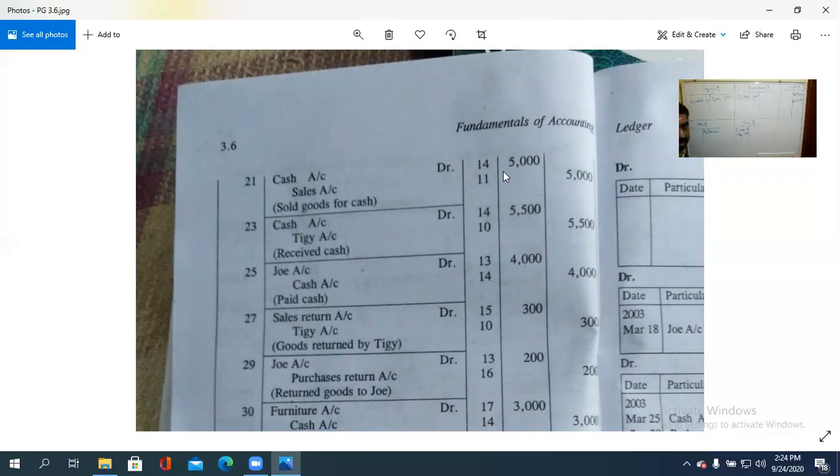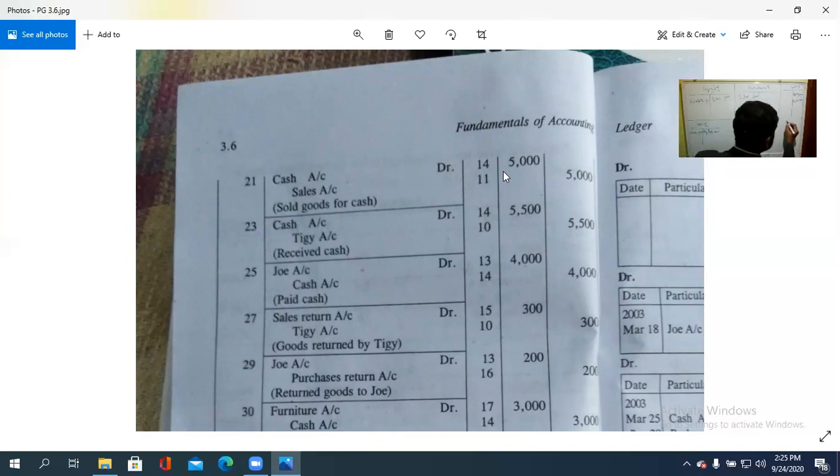Then Joey account debtor to cash. So Joey, where is Joey? Here, to cash, how much is it? 4,000. Then what is the entry? Joey account debtor to cash. So here by Joey, how much? 4,000. Isn't it? Then sales returns account debtor to TG.